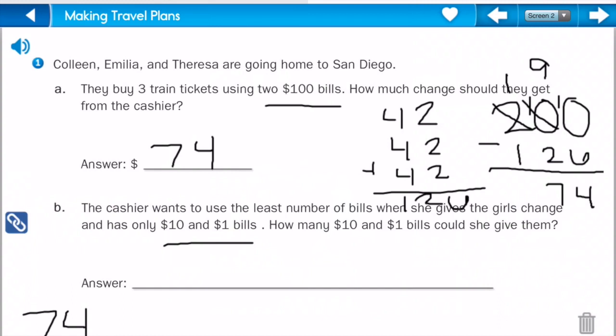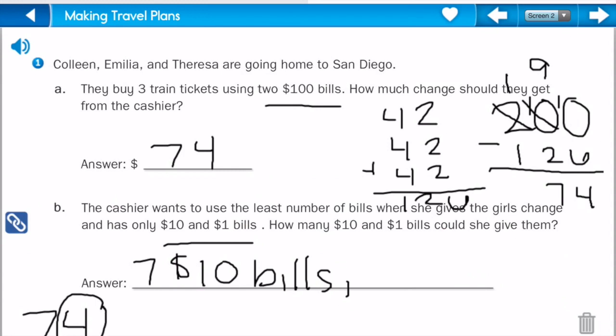So she would need 7 $10 bills. How many $1 bills would we need? We see we have 4 ones, so how many would that be? Yep, it would be 4 $1 bills.